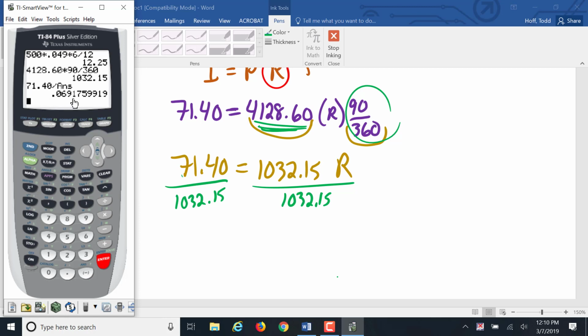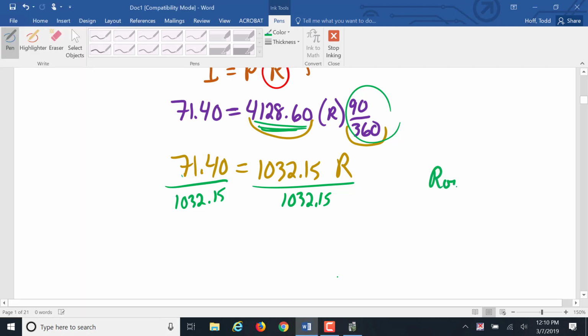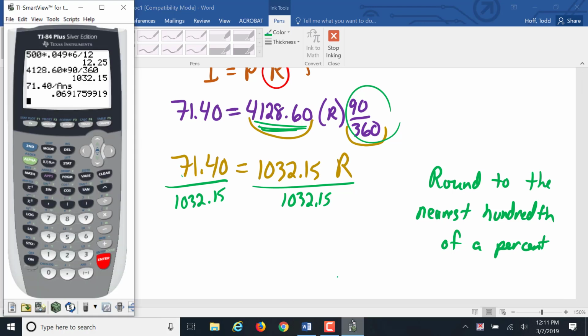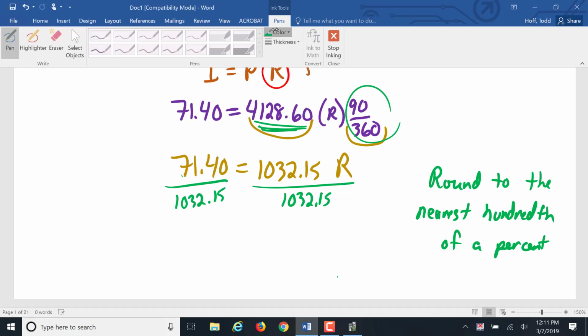We always go to 5 decimal places or more on this rate, because we're probably going to round, usually round to the nearest hundredth of a percent. So a hundredth of a percent, once it's converted to a percent, is 2 decimal places. So we go a minimum of 5 decimal places when we record this answer. 0.06918 is what that'll round to.